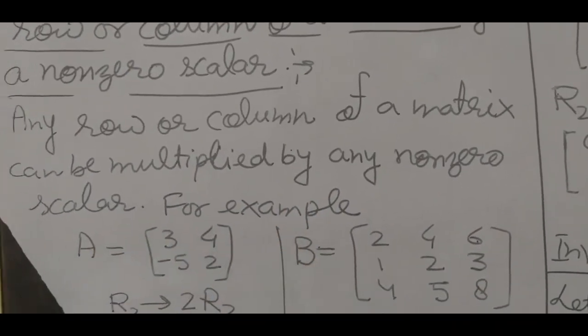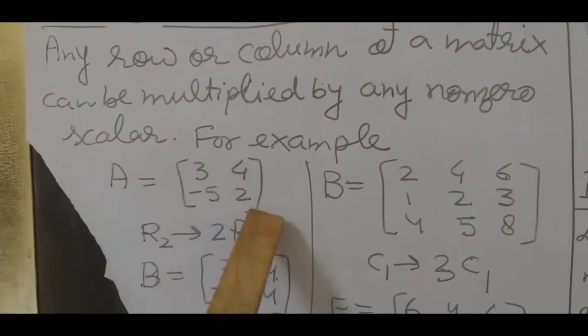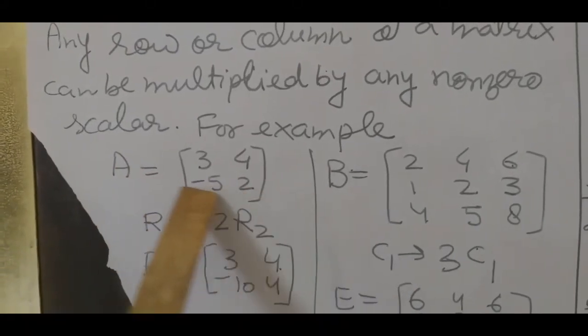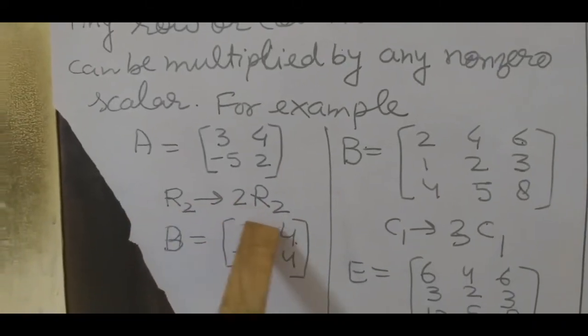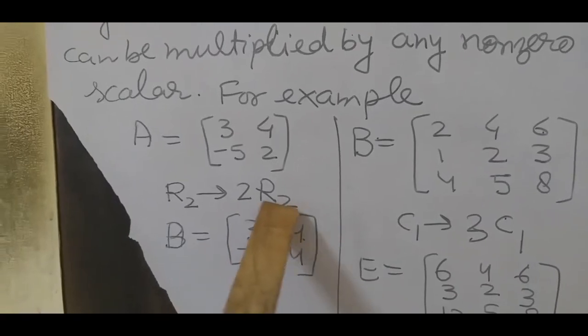For example, this is matrix A, order 2 by 2. I want to multiply the second row by 2. So R2 tends to 2R2. It means I am going to multiply R2 by 2.